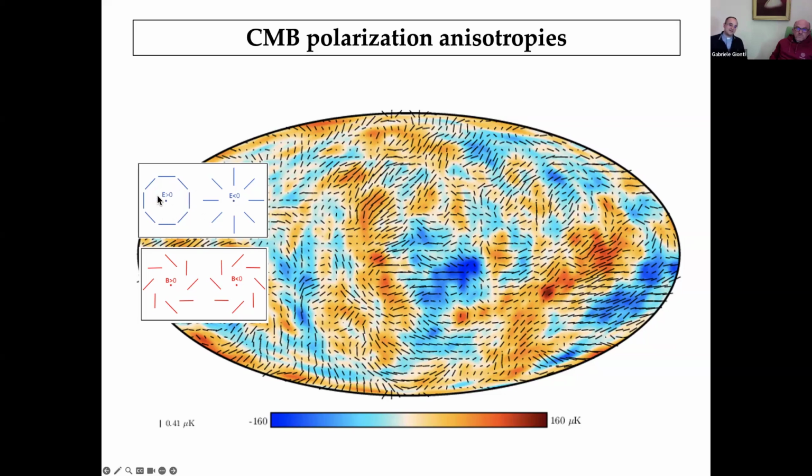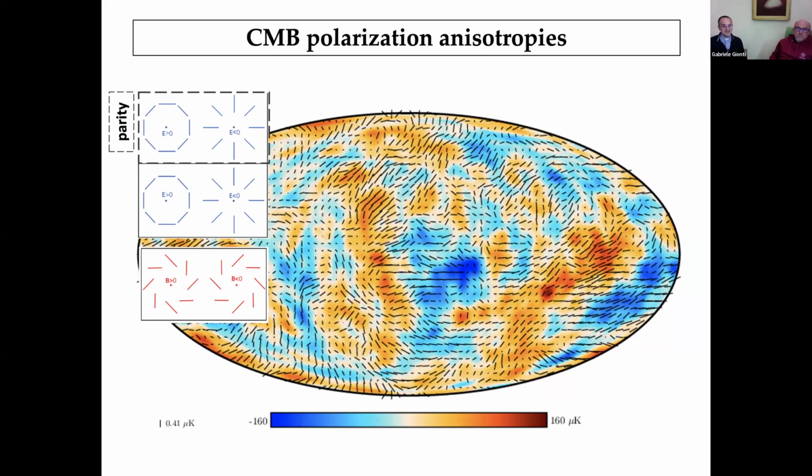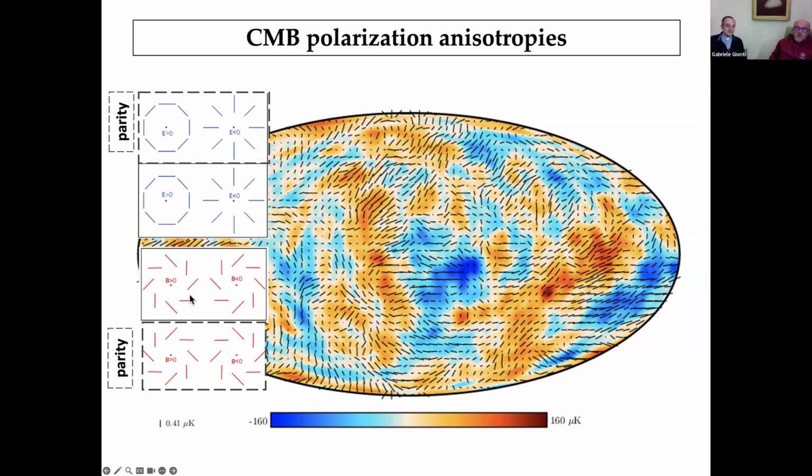So if you reflect in a mirror, you see this blue pattern, the E modes, does not change under reflection, under parity. Instead, B modes, we call them also curl-like modes, are parity odd. Under reflection, they change sign. So you decompose all this vector field by looking at E modes and B modes.